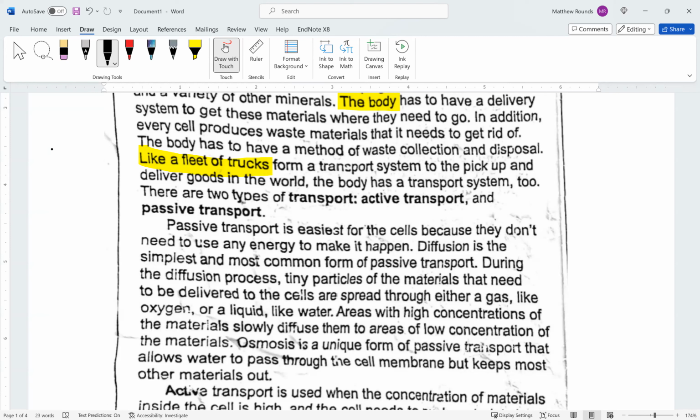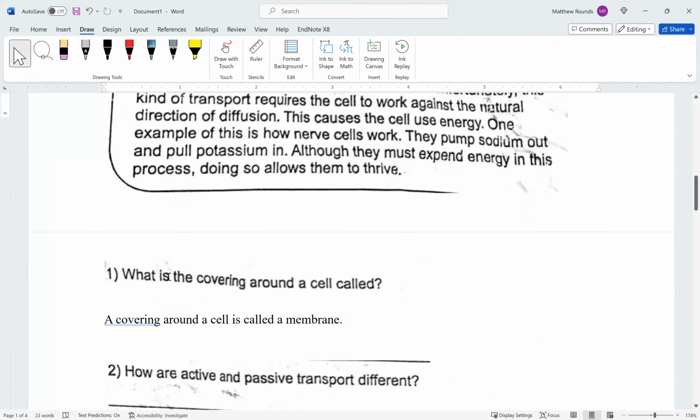Where are you reading that? Okay, the next part. Okay, so let's go back and read the question. Or actually, do you have it on your paper? What does the question say? What comparison is made to help the reader of this passage understand how materials move throughout the body? Okay, so the example is like a fleet of trucks.